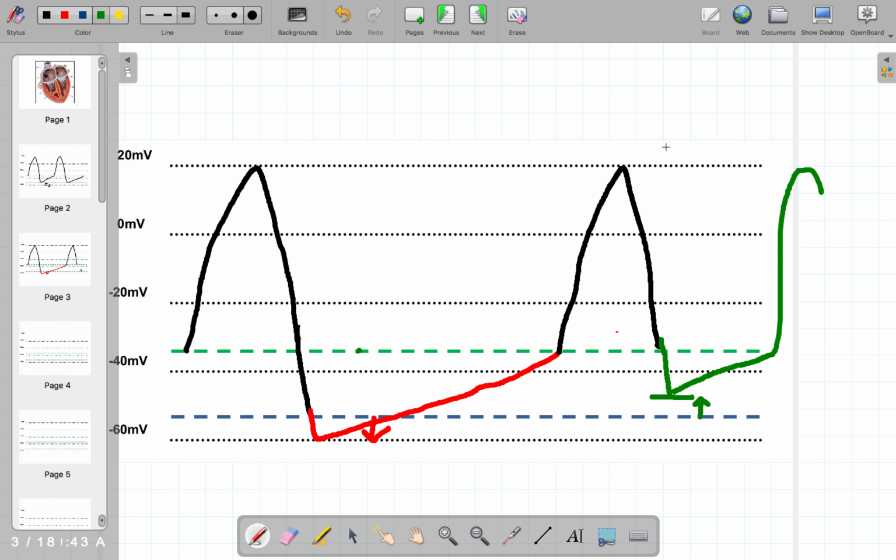So again, by lowering the threshold of the IF current, it takes us longer to reach that threshold, meaning that the cell has to let in more sodium, taking a longer period of time to get back to our first threshold. By increasing the threshold of the IF current, we can reach that threshold more quickly, and we can let sodium start dribbling into the cell sooner, so our pacemaker goes up.